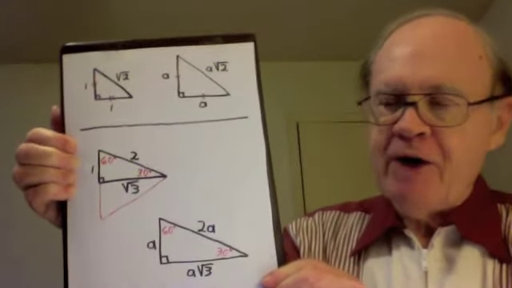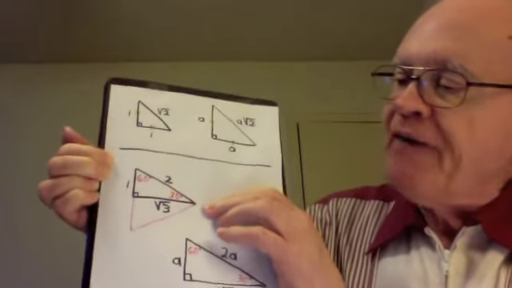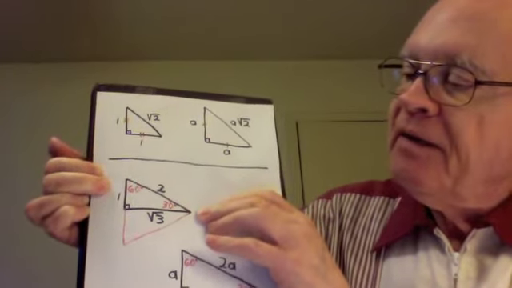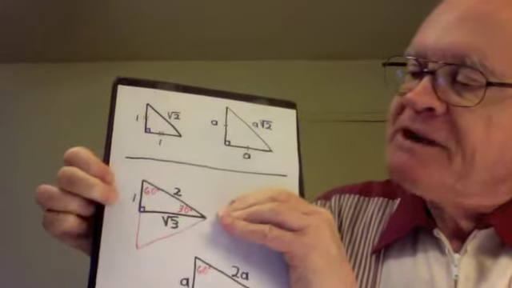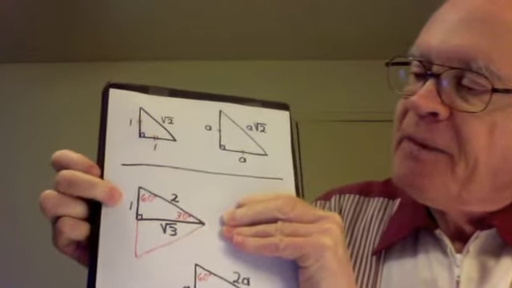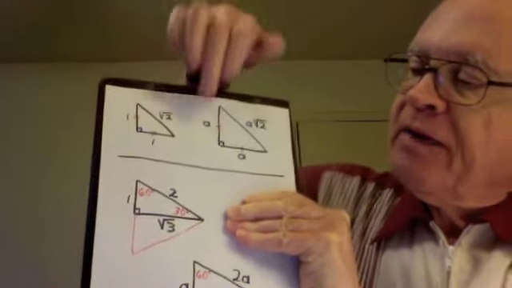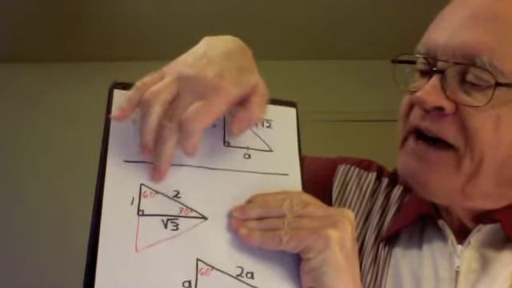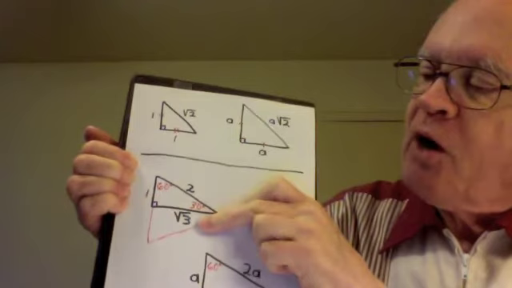The other special right triangle from geometry is known as a 30-60 right triangle. It is half of an equilateral triangle, that is, half a triangle with all three sides equal. You can see the other half that I've drawn here in red. The simplest example of that is the shorter leg has length 1, and because that's half of the length of a side of the equilateral triangle, the hypotenuse, which is also one of the sides of the equilateral triangle, has side length 2, and you use the Pythagorean equation to get the length of the longer leg.